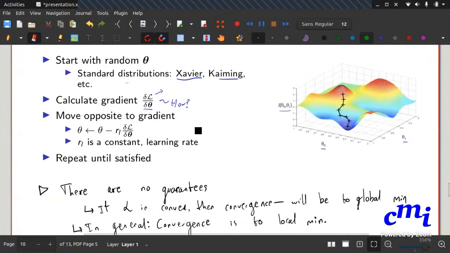And essentially this gradient calculation will happen inside the loop, right? This is going to be repeated until gradient descent is stopped. So for each iteration of the loop, we have to do one calculation of delta L delta theta.